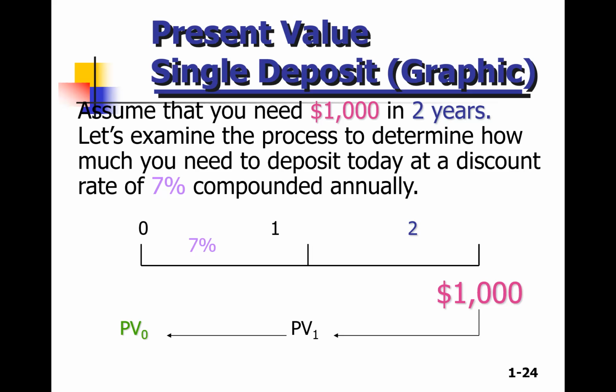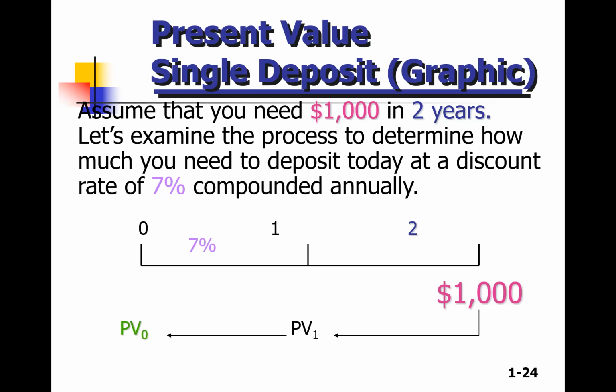But when we are calculating present value, we are discounting that interest rate from the future value, because if the amount in the future is 1,000, the present value would always be lesser than 1,000.